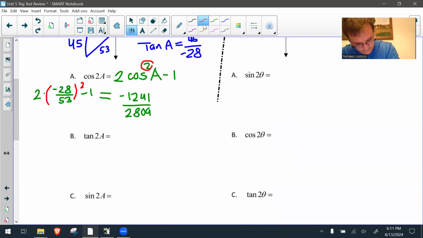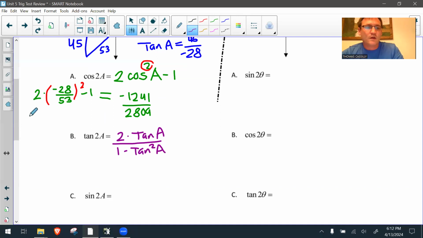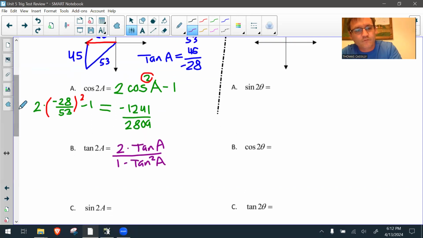So that one is 2 times the tangent of A, all over 1 minus tangent squared of A. Let's plug that one in. 2 times 45 over negative 28, all over 1 minus that fraction again, but squared.